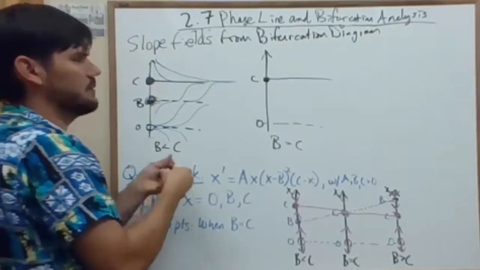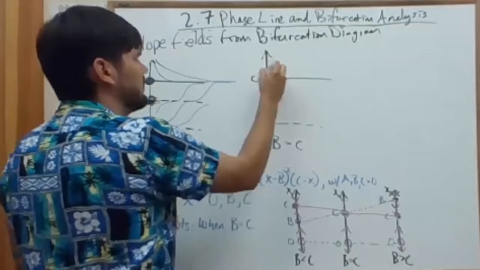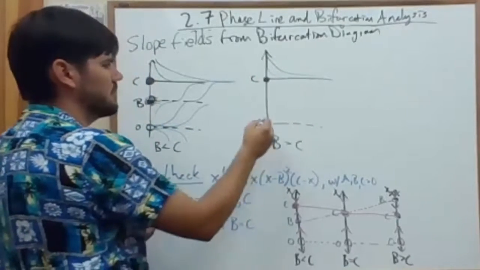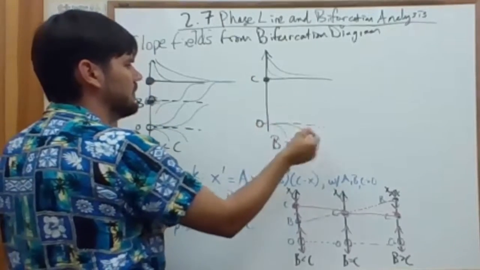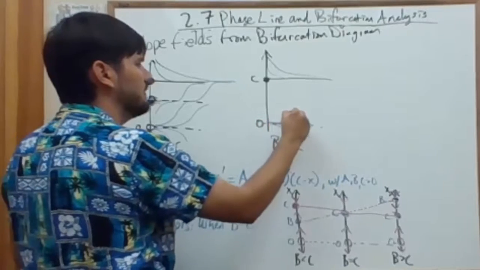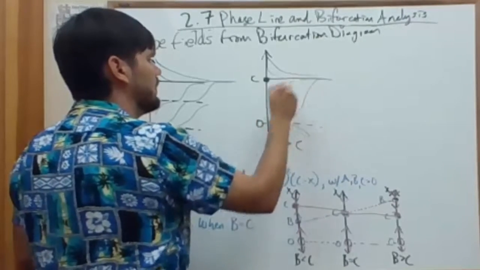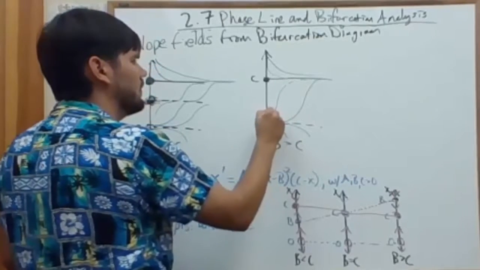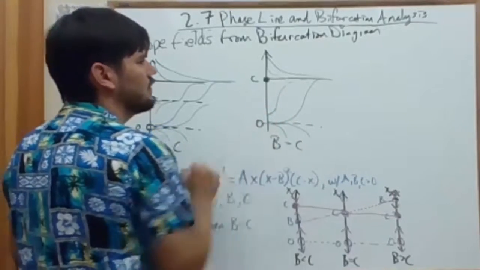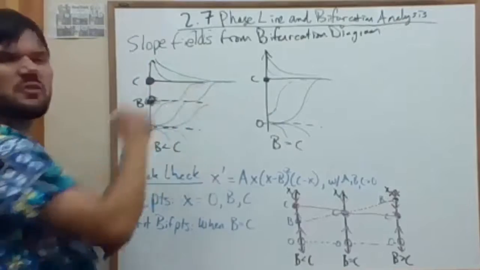And your solutions from above are the same. Solutions from below on the very bottom are the same. In between are smoothed out a little bit.